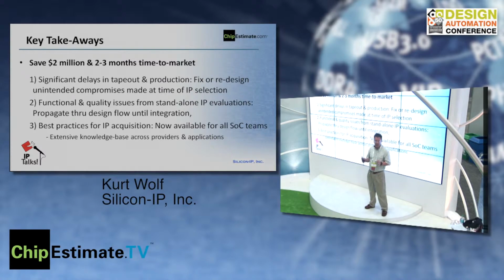So that's the key thing. It's having a methodology and using what you learn at each tape out to improve it, which really helps bring different portions of your design team together to make a coherent decision-making process.